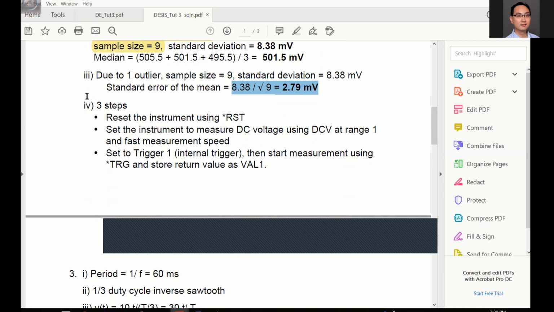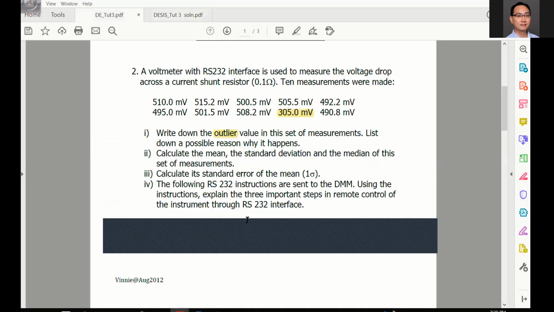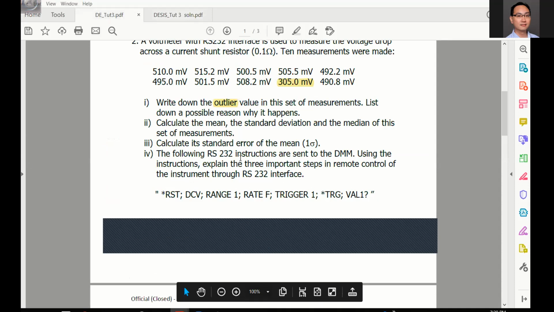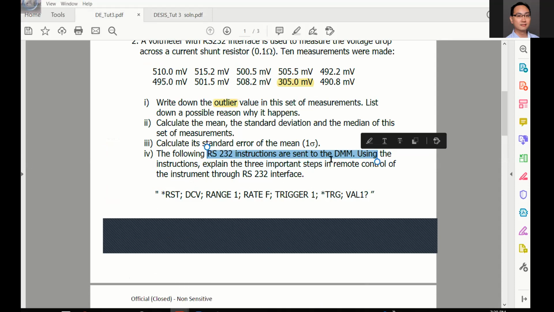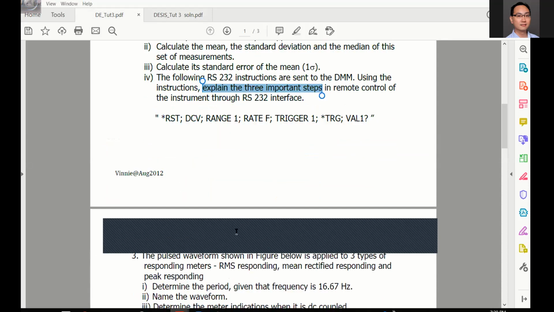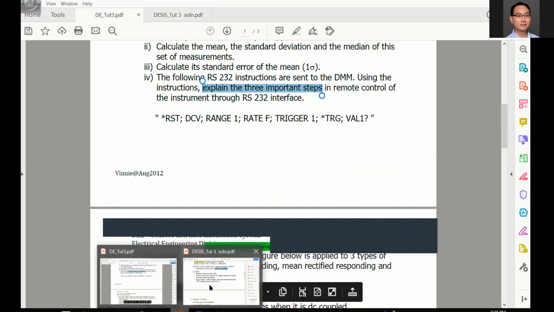Okay, then the 3 steps for this one, the instrument one. If you look at the question again, this particular instrument, the RS232 instruction to be sent to the digital multimeter DMM using the following command. Explain the 3 steps. I think you can look at this.